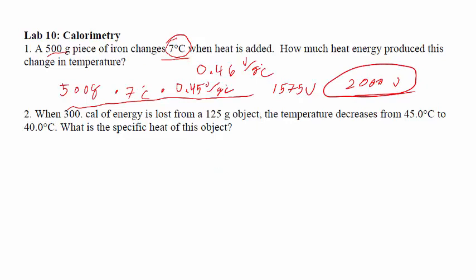Okay, when 300 calories of energy is lost from a 125 gram object, the temperature decreases by 5 degrees, from 45 degrees to 40 degrees Celsius. What is the specific heat?